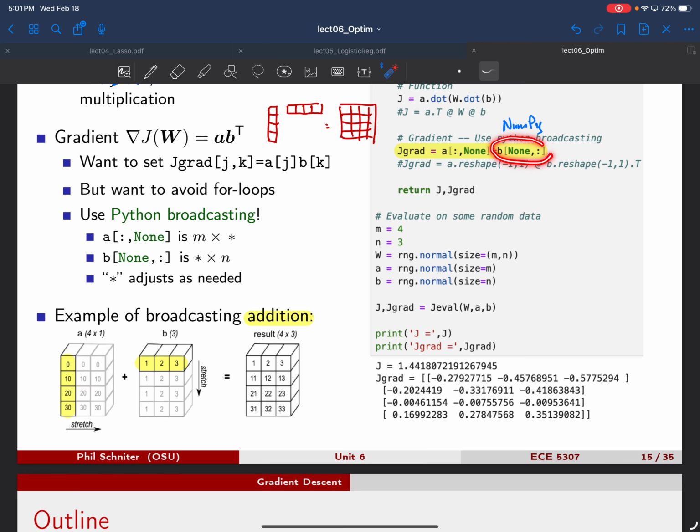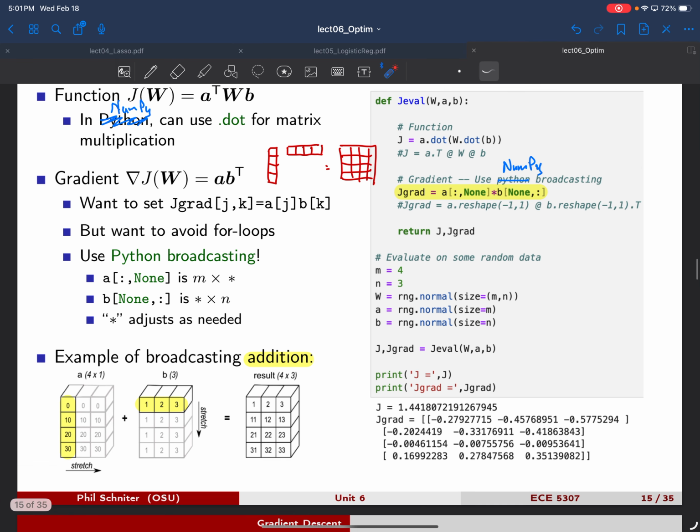And then for B, you're saying, expand that as a row and make the number of rows in this matrix as big as necessary for this operation. At the end of the day, this gives you this, but with the multiply. So this is a cool trick that is used a lot when you code this kind of stuff.